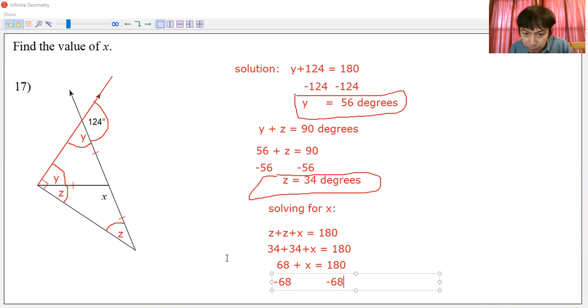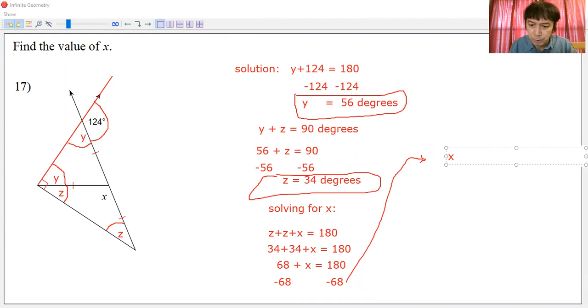We shall continue over here. Let's use the right side of the screen. This will now be x is equal to 180 minus 68. That should be about 112 degrees.